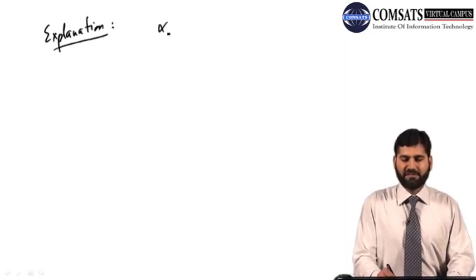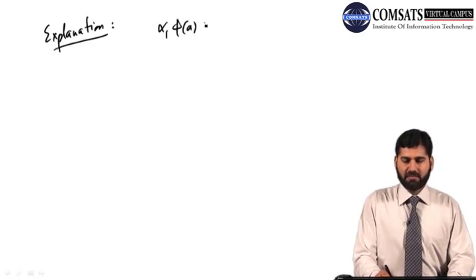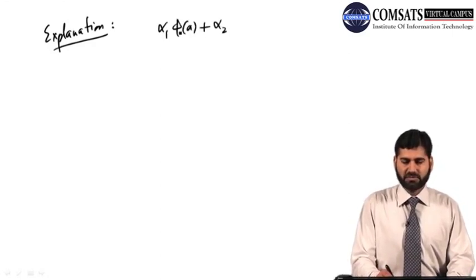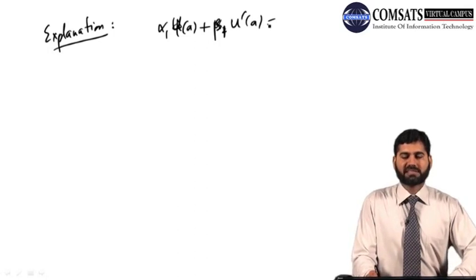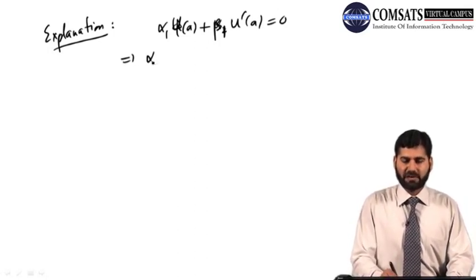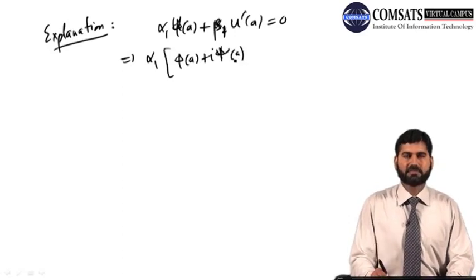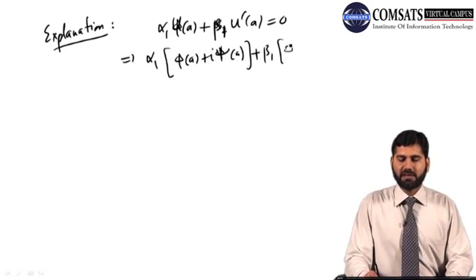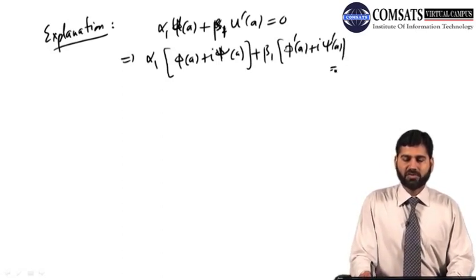I did nothing. Alpha 1 phi of A plus alpha 2 u of A plus beta 1 u prime of A was 0. Let's say this is one of the conditions I'm using. So this implies that alpha 1 u of A is phi A plus iota psi A. Similarly, plus beta 1 u prime is phi prime of A plus iota psi prime of A is equal to 0.